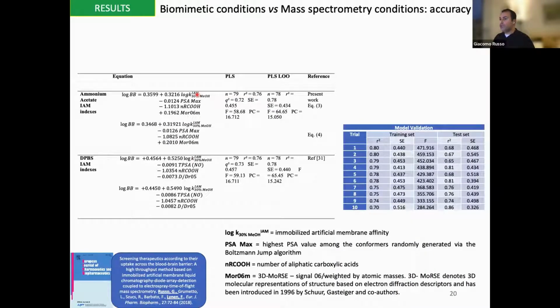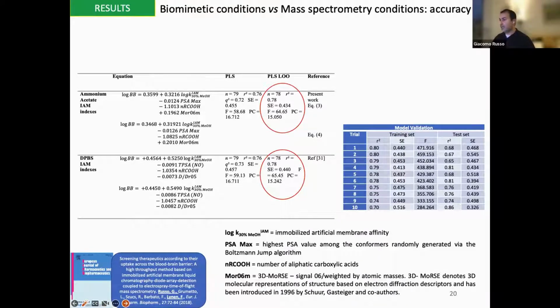Okay, then we tried to use ammonium acetate IAM indexes and Dulbecco phosphate buffer saline indexes in modeling the blood-brain barrier passage using log BB as validation value. And what we essentially saw is that the accuracy of the model was essentially the same.